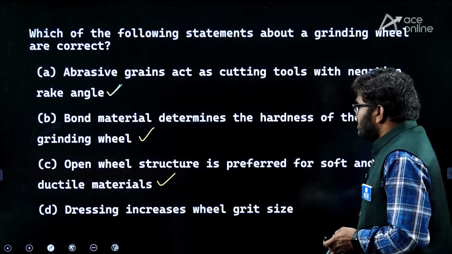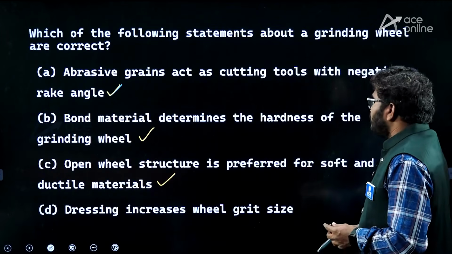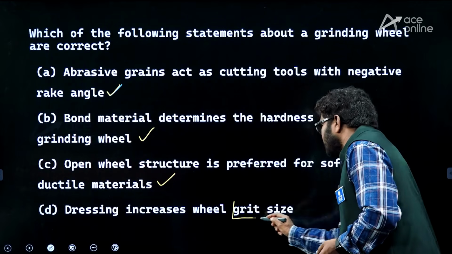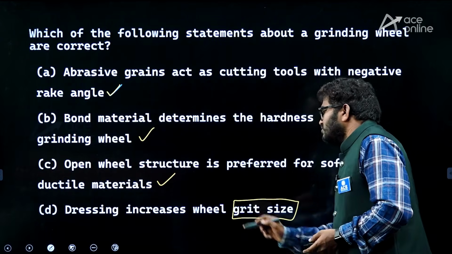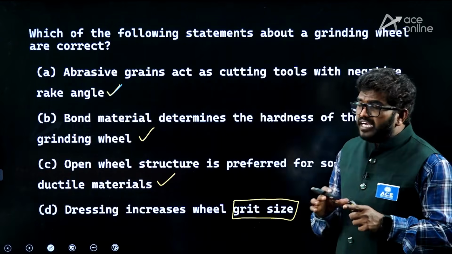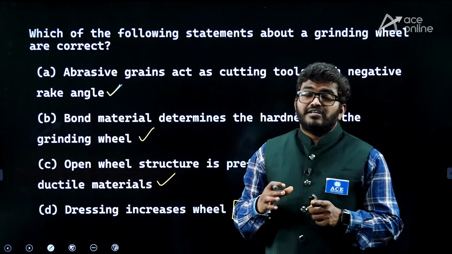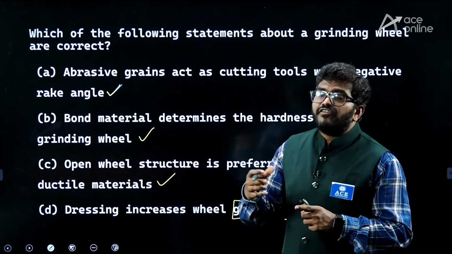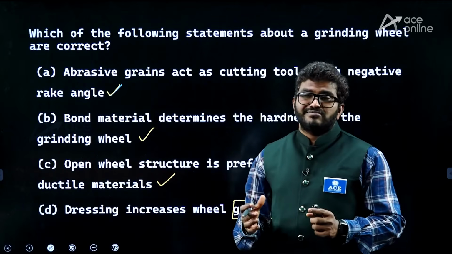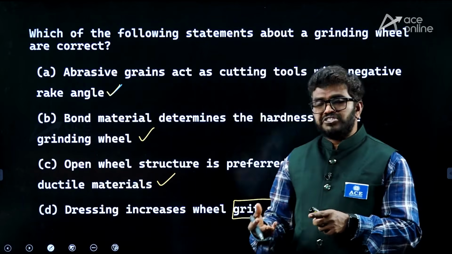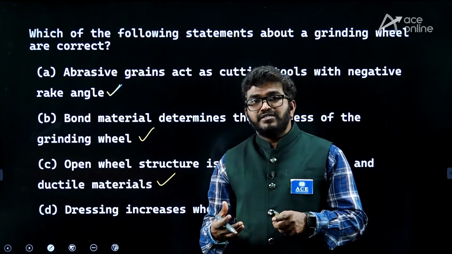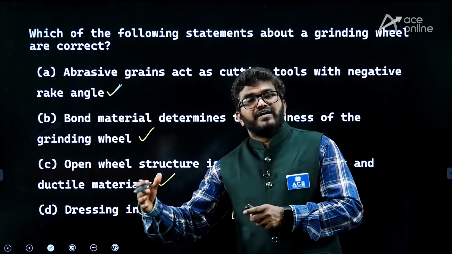Then, dressing increases wheel grit size. This is absolutely wrong. The grit size of a grinding wheel is constant. That is decided at the manufacturing time. The grit size may be 40, maybe 60. It is decided at the manufacturing level only.